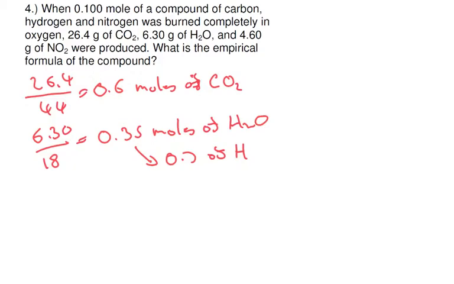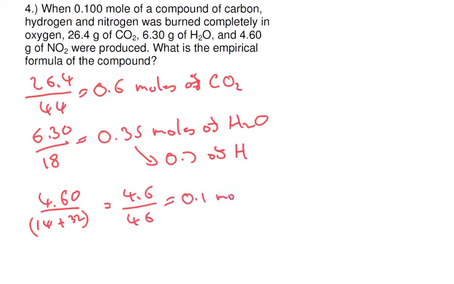And then finally the nitrogen, well, we've got 4.60 divided by the molar mass of NO2, so nitrogen is 14, and we've got 2 oxygens, which is going to be 32. So we're going to have 4.6 divided by 46, which is going to give us 0.1. Now up here, let's have a look.